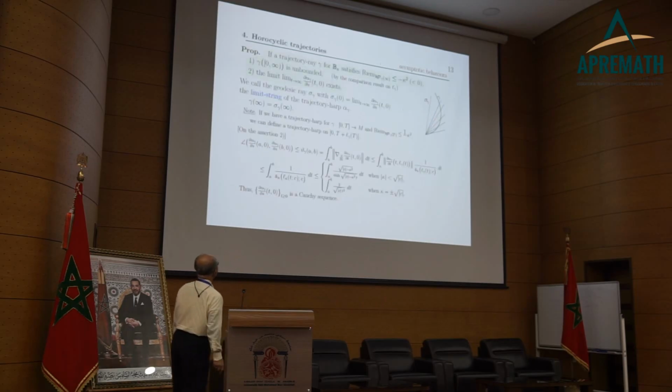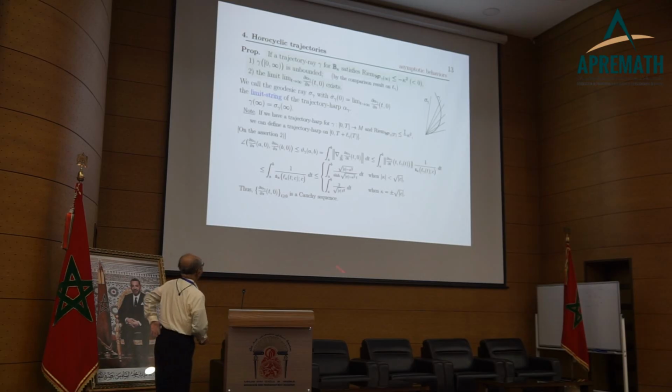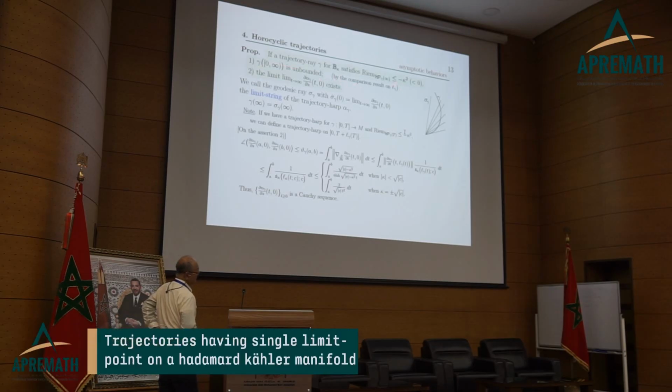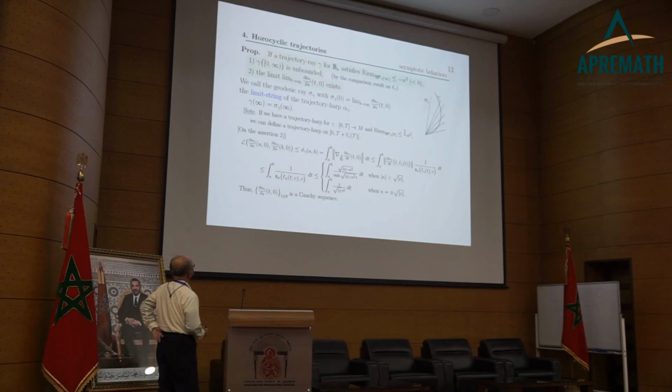So we give the asymptotic behavior. If a trajectory ray for B kappa satisfies this sectional curvature condition, meaning the sectional curvature tangent to the half body is not greater than minus kappa square, then by using the comparison theorem on string length, this trajectory ray is unbounded.